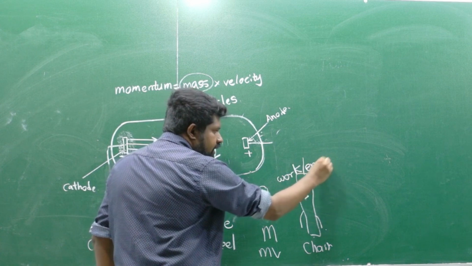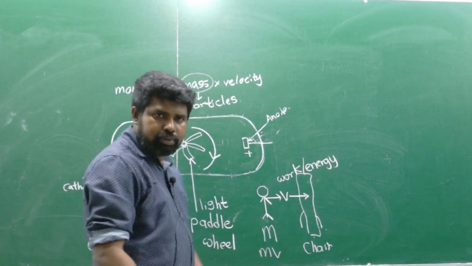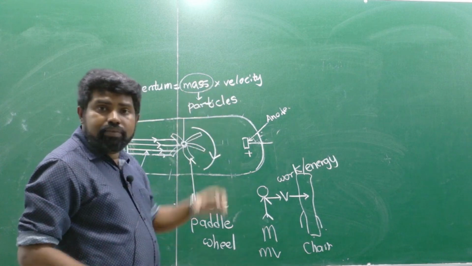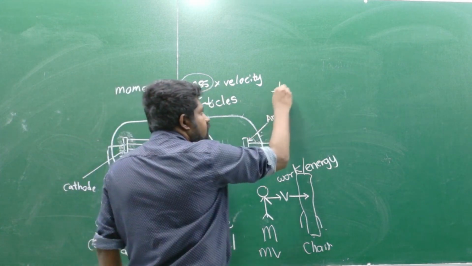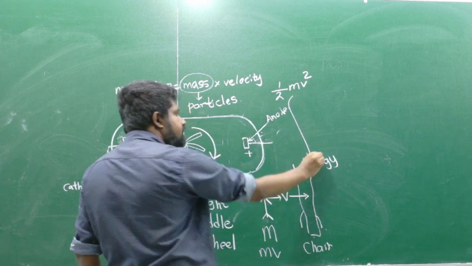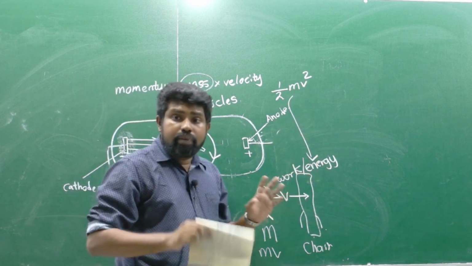That is kinetic energy. When we have momentum, we have the mass, the velocity, and the kinetic energy, half mv squared. Because we have the kinetic energy, we can do work on an object.